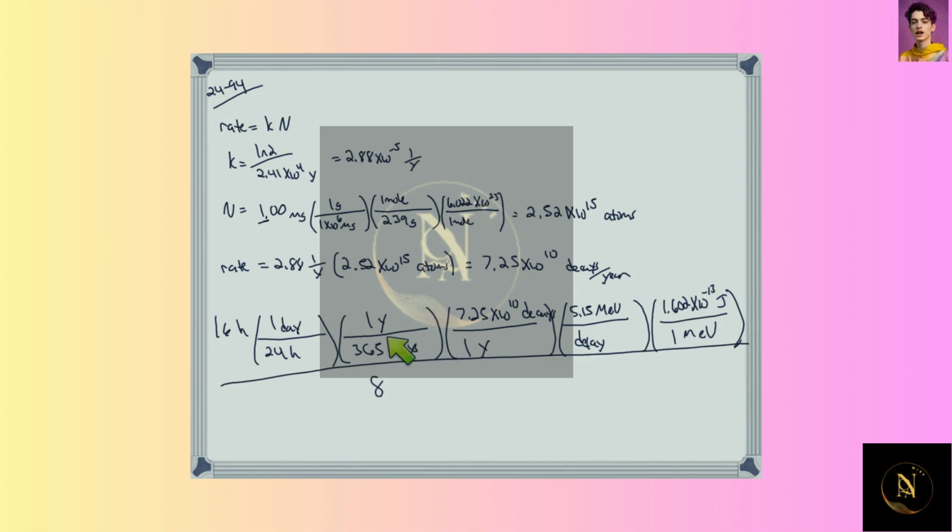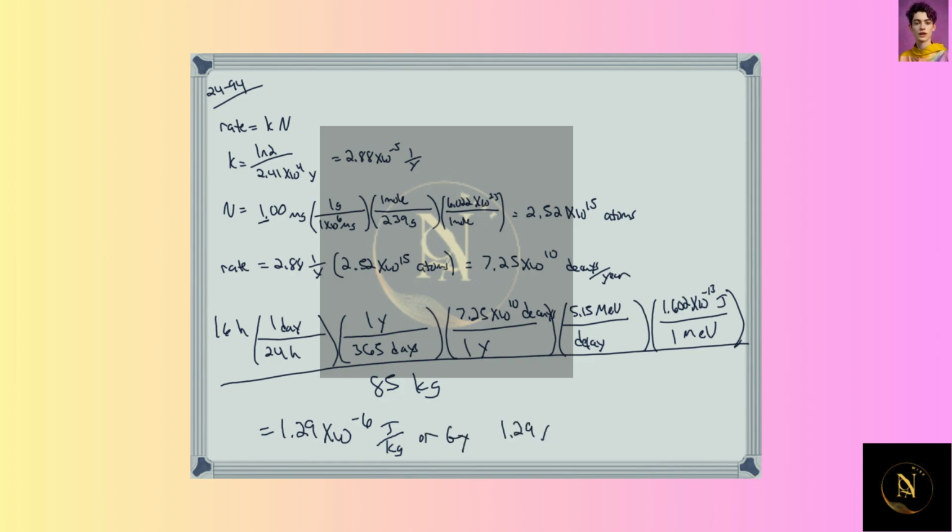Now, in order to get grays, we need to take the joules that we just calculated, that the individual was exposed to in a 16-hour period with this activity, divide that by the kilograms, the mass of the individual, and we'll get 1.29 times 10 to the negative 6 joules per kilogram, and a joule per kilogram is a gray.